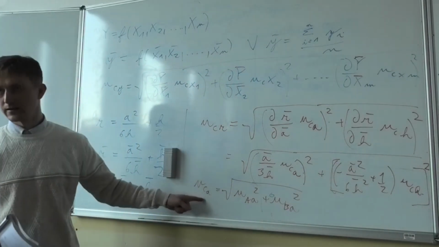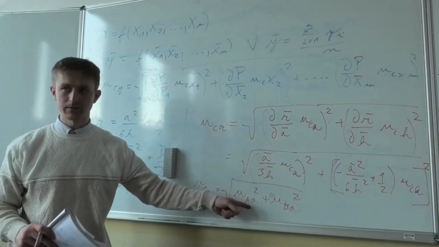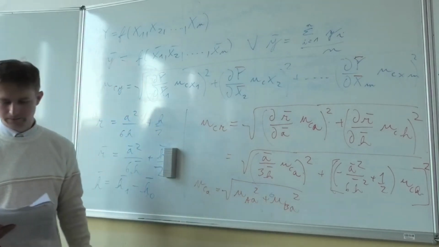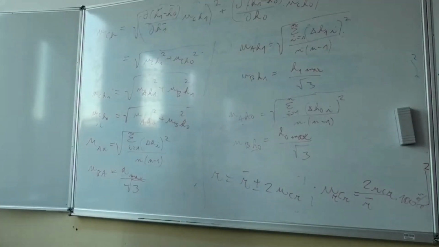A is now a directly measured quantity. So here we calculate as before, the absolute standard uncertainty of type A and the absolute standard uncertainty of type B.